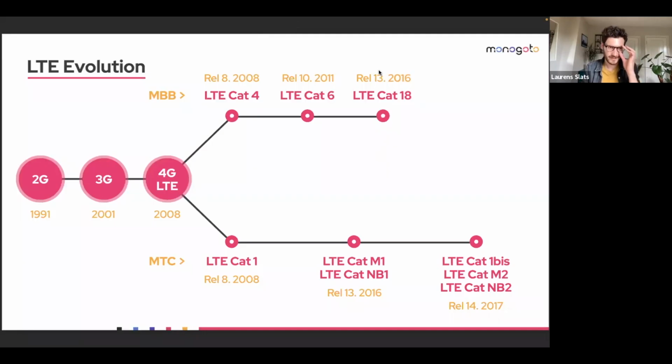So let's first dive into cellular IoT and what this exactly is. And here we're going to take a few steps back and focus on the release of the 4G specification in 2008. And something interesting happened in 2008 because there was not one single technology being pushed. No, instead there were actually two different technology standards being released at that moment.